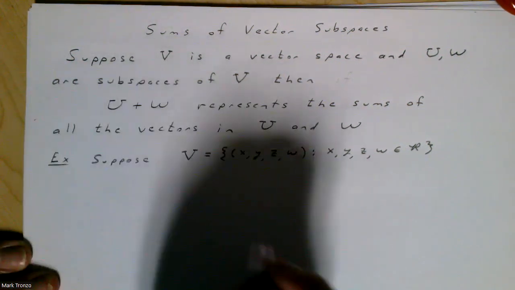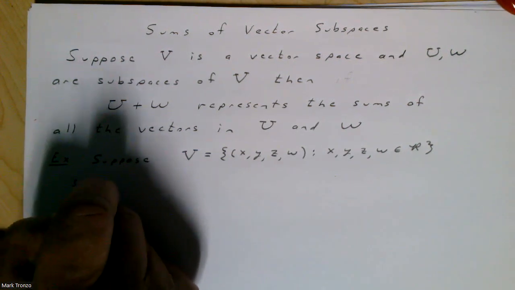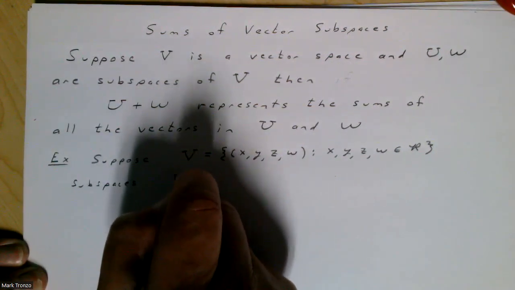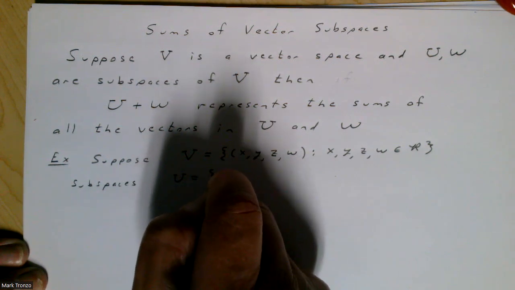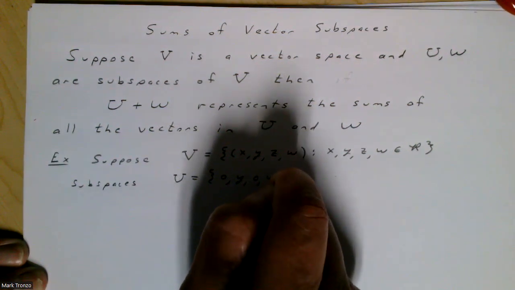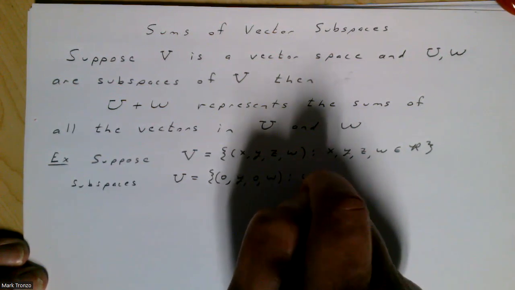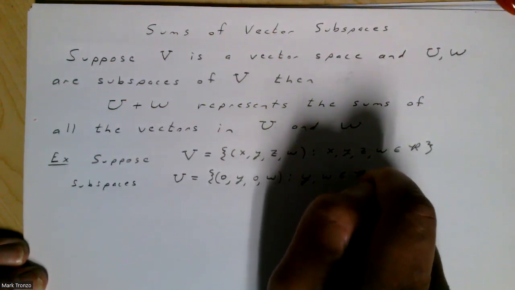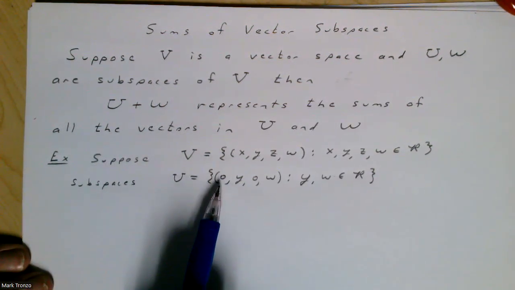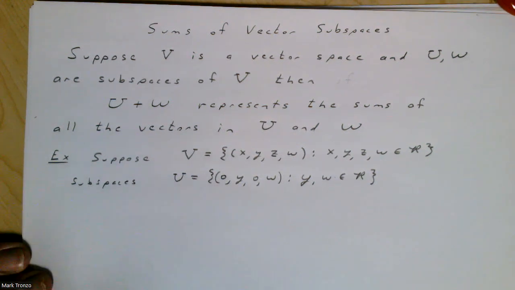And also, suppose we have subspaces, say U, which is of this form, so it'll be four-dimensional vectors except this entry is 0, and so is this one.